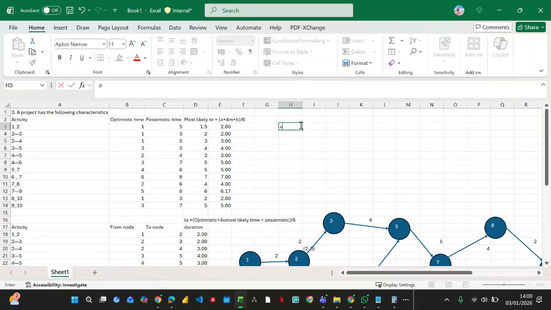Can you define A? A equals the optimistic time, and M here is the most likely time.